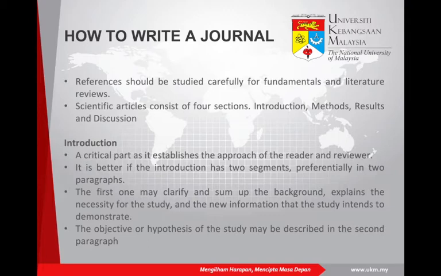The first paragraph may clarify and sum up the background. It explains the necessity for the study and the new information that the study intends to demonstrate. In the second paragraph, the objective or hypothesis of your study will be described. So the introduction section does not have to be that long. Just two paragraphs should be fine.